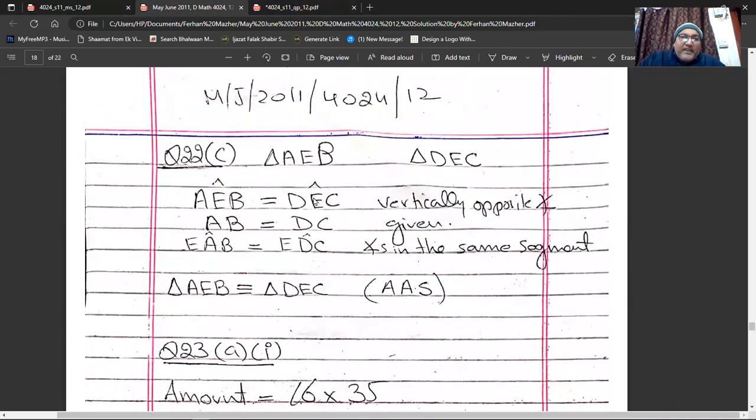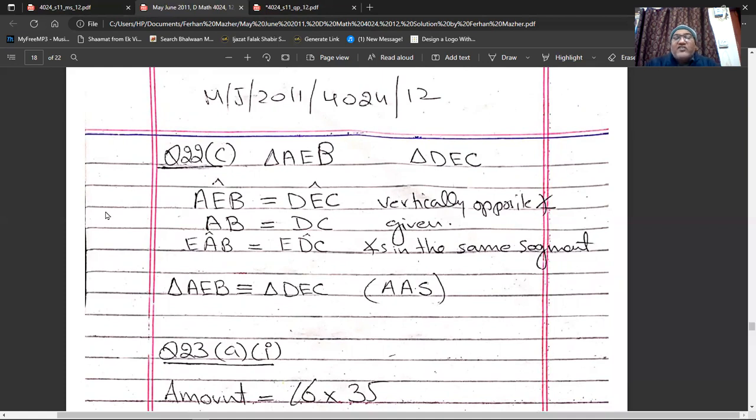So here we are comparing triangle AEB and triangle DEC. In these 2 triangles, the angle AEB and the angle DEC are equal to each other because they are vertically opposite angles. The side AB is equal to the side DC because that is given in the question. The angle EAB and the angle EDC are equal because they are the angles in the same segment.